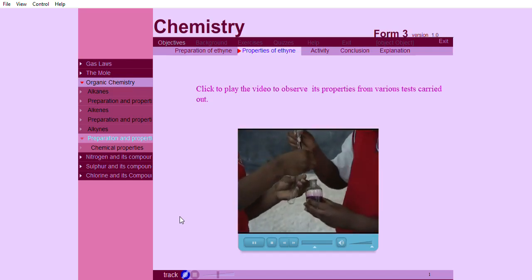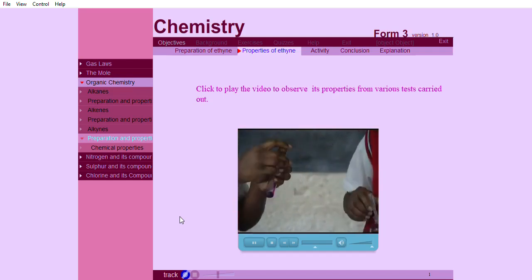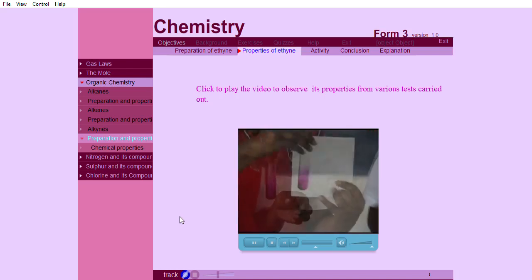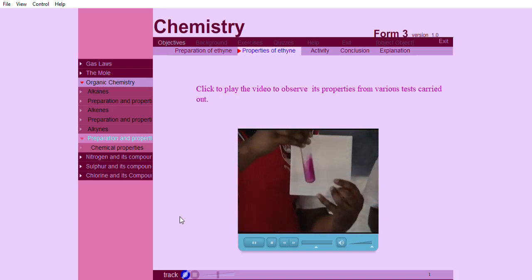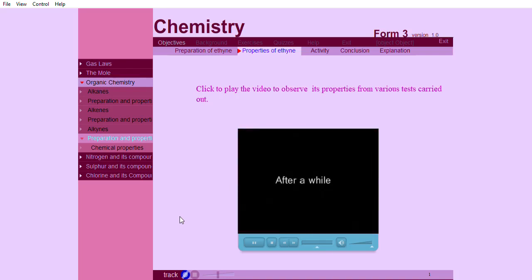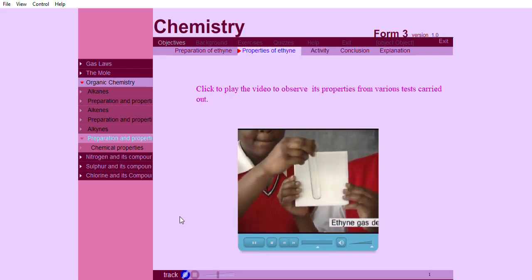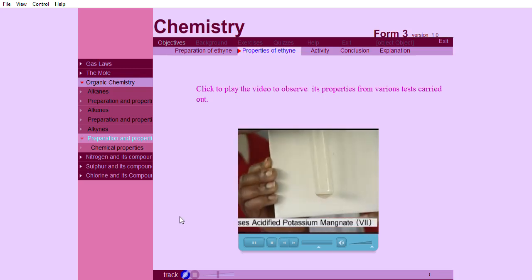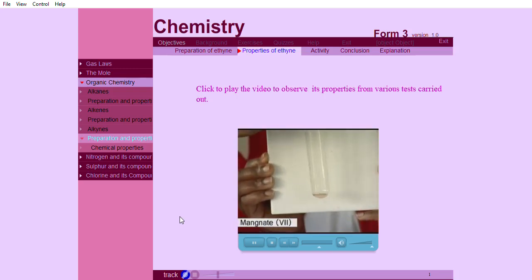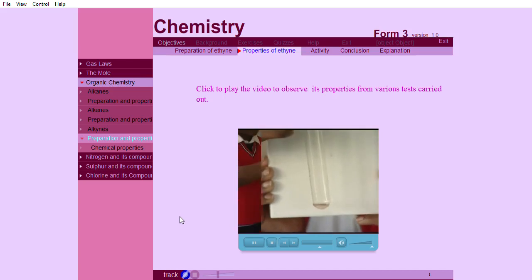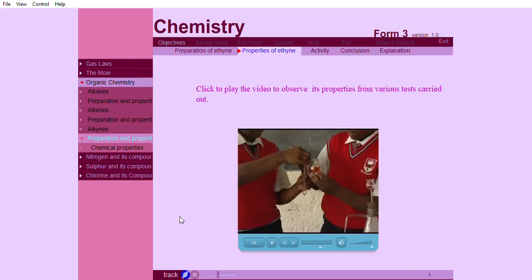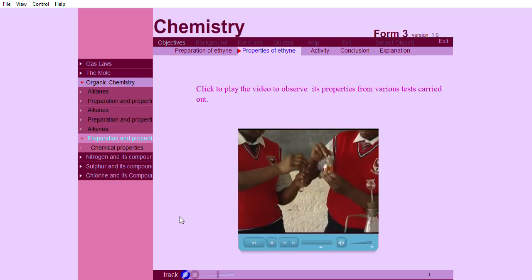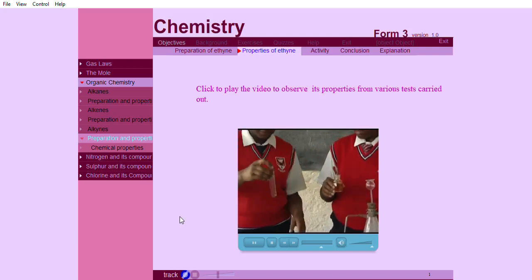Add 1 cm3 of potassium manganate 7 to the test tube containing the gas and shake the mixture. Add 1 cm3 of potassium dichromate 6 to the test tube containing the gas and shake the mixture.